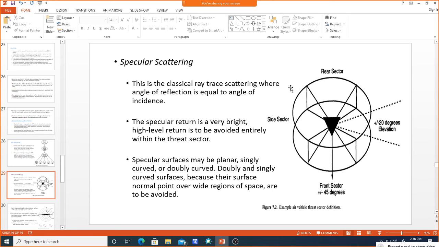Like that, in different viewing angles, based on the viewing angle, we can decide whether the specular scattering or specular returns are there or not. So this is about specular scattering. So rear sector, this is side sector, front, and so on, whatever the angle of incidence and the angle of elevation which is there, we can see here.